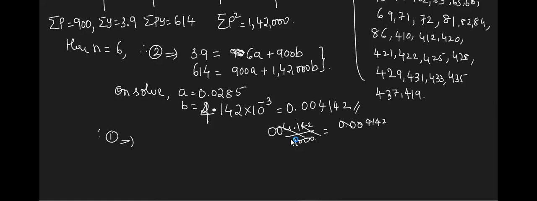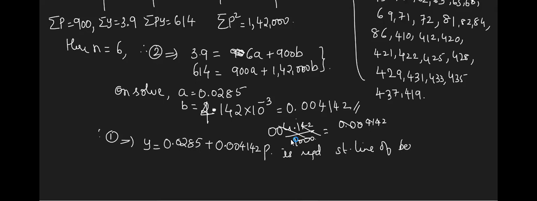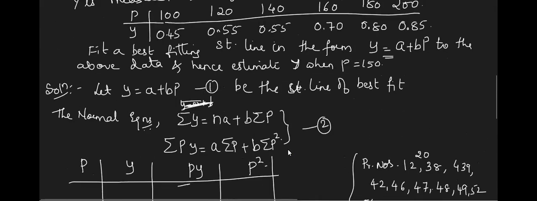Therefore, let us substitute in equation 1. What is equation 1? y equal to a plus b into p, so y equals 0.0285 plus 0.004142 into p. Okay, this is the required straight line. If you see the question, they have asked for an extension of this: fit the data and estimate y when p equals 150.